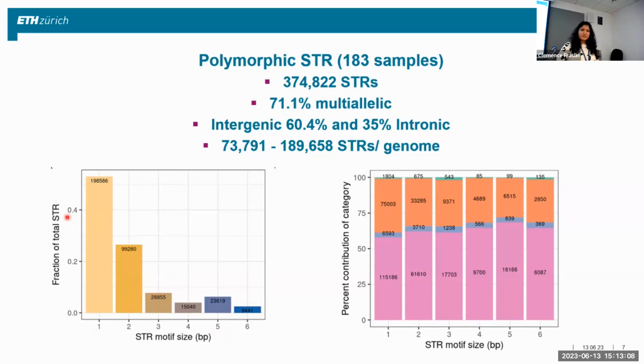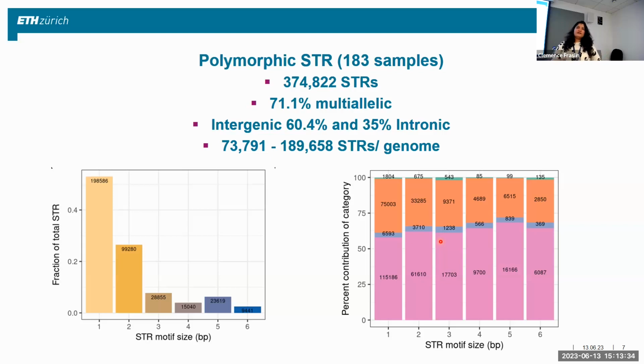And if we check which part of the genome these proportions align to, based on annotation, you could see that mostly they are intergenic. Pink is the intergenic, and orange is the intronic. Pardon me, I forgot to put the annotation scale. So all these polymorphic STRs were mostly present in intergenic and intronic sites.